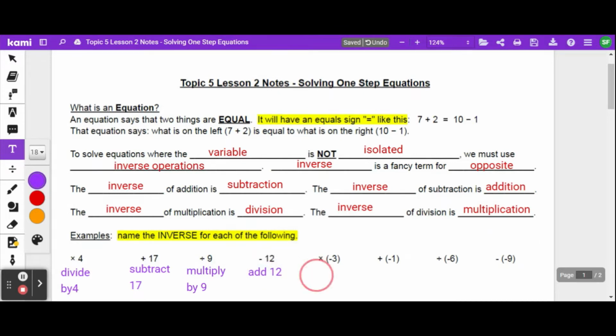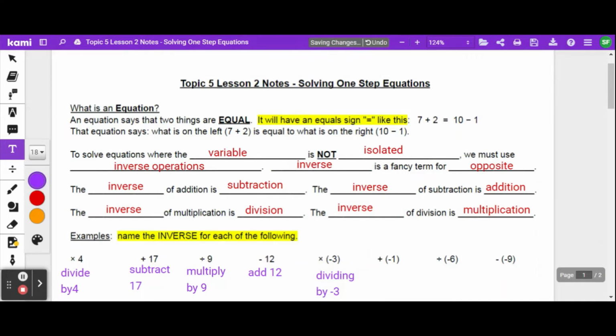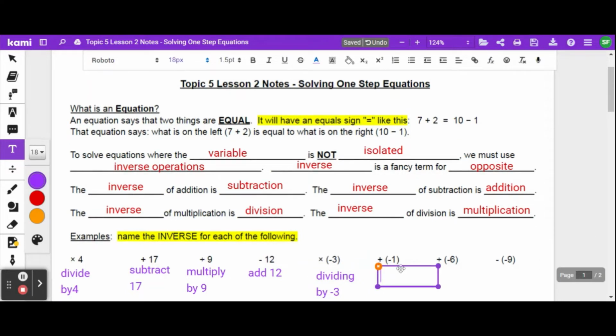The inverse of multiplying by -3. Now don't get confused here. I'm just going to change the sign. The inverse of multiplying is dividing, and I'm still going to be dividing by -3. The inverse of adding -1 would be to subtract -1.